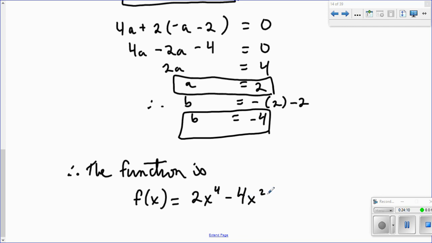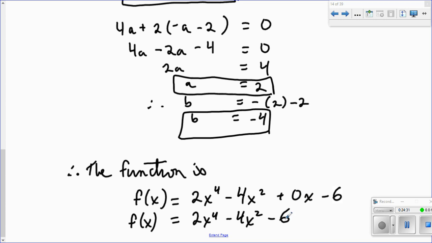I'm replacing my coefficients a, b, c, and d with their actual values here, so 0x, and then a minus 6. I'm just going to write this one again because I don't write 0x. That's my answer. I think this should be pretty self-explanatory.